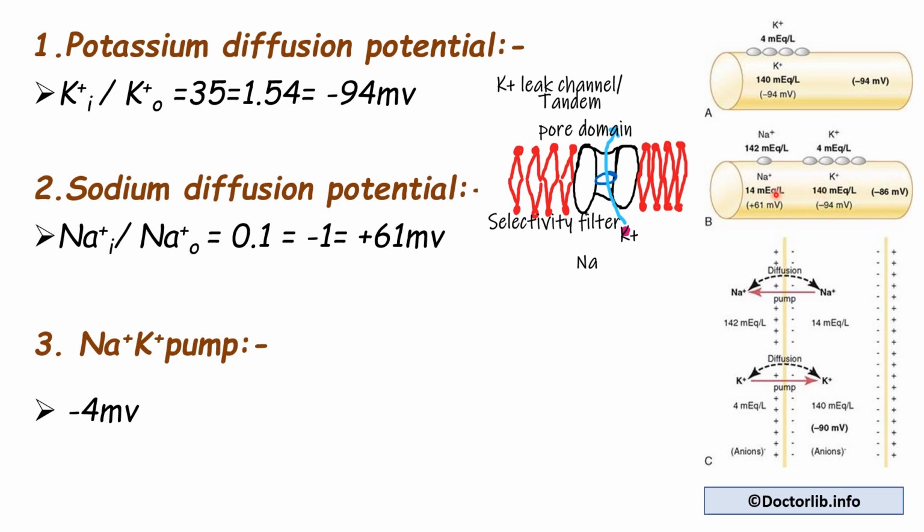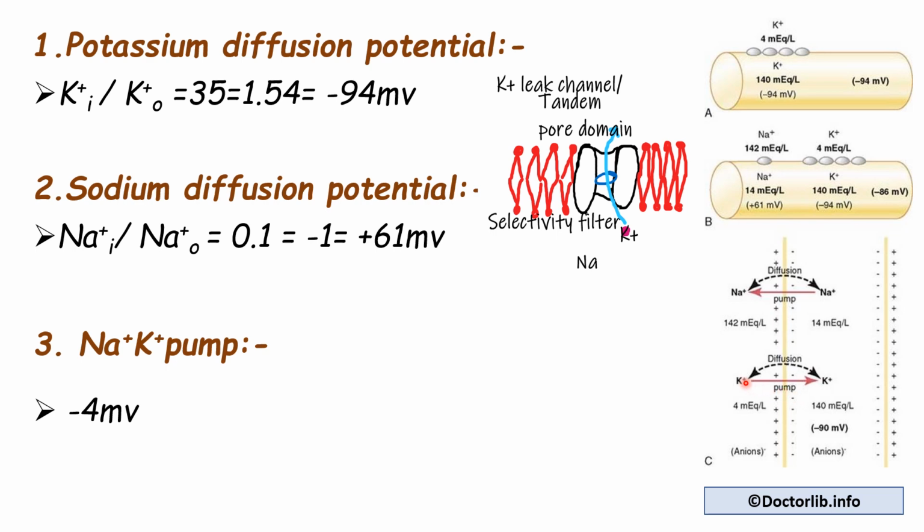But again we know that large myelinated nerve fibers or large skeletal muscle fibers have a resting membrane potential of minus 90 millivolts. The remaining minus 4 millivolts is contributed by the sodium potassium pump. What will this pump do?